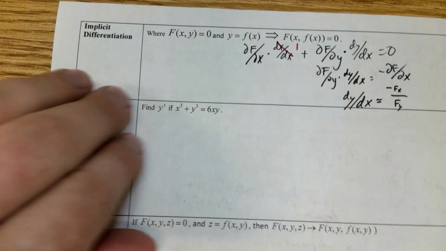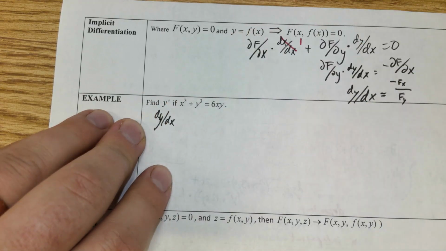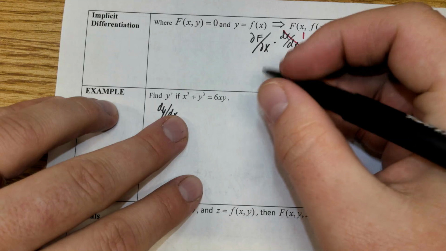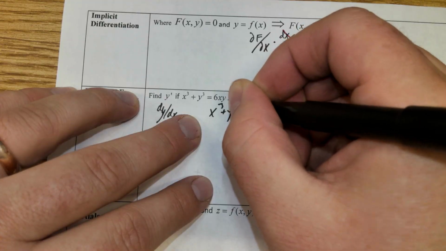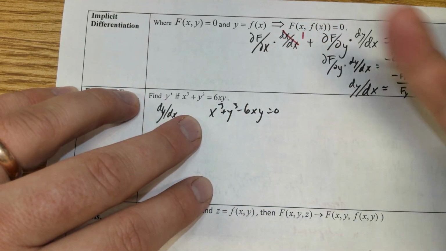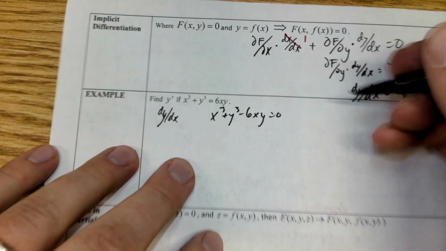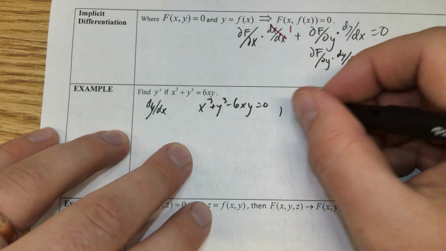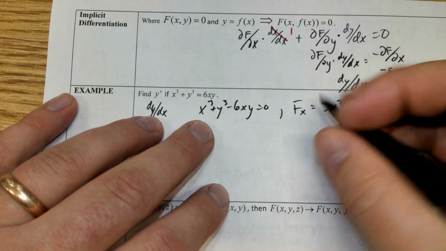Let's go back to AB and do this calculation. Find y prime, or dy dx, of this thing. So the first thing I have to do is move it over, because it said in the rules that it has to equal 0. All right, now we're going to go find those calculations. Big F sub x is 3x squared minus 6y.